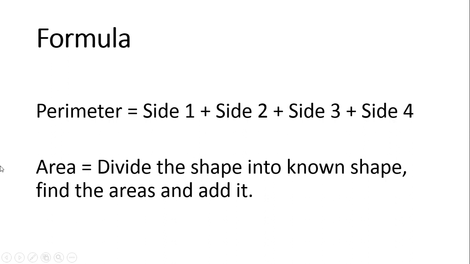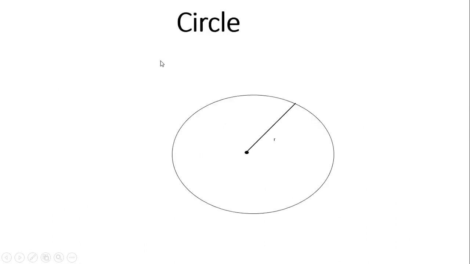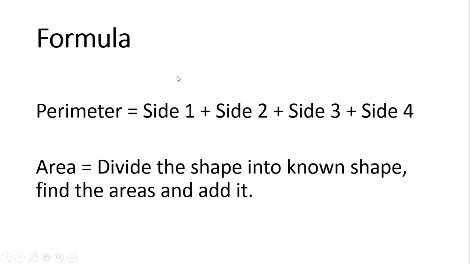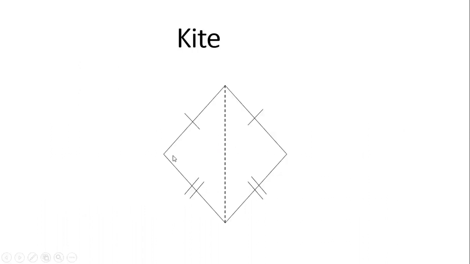For the area, you divide the kite into known shapes, find the area of those shapes, and then add up. For example, I decide to divide this kite into 4 triangles. Find the area of each triangle, then add the areas together to give the area of my kite.